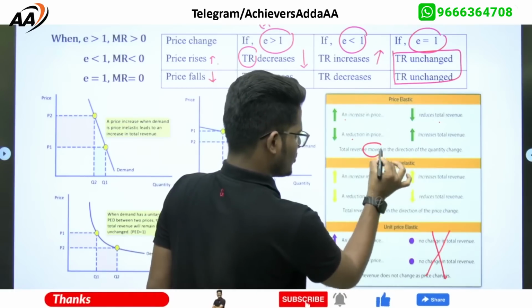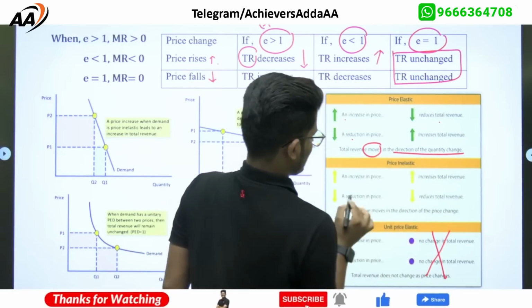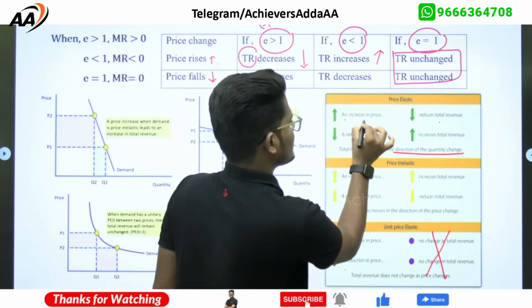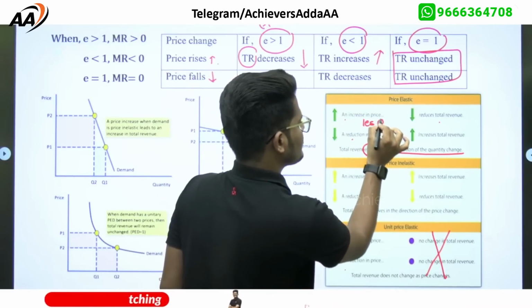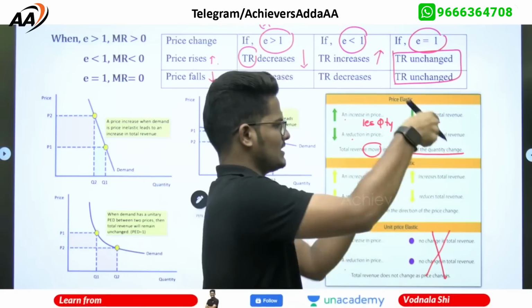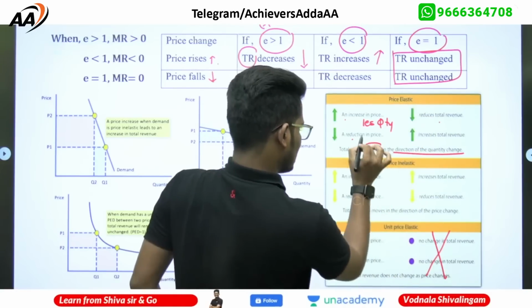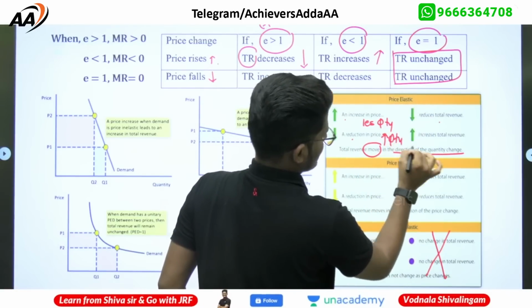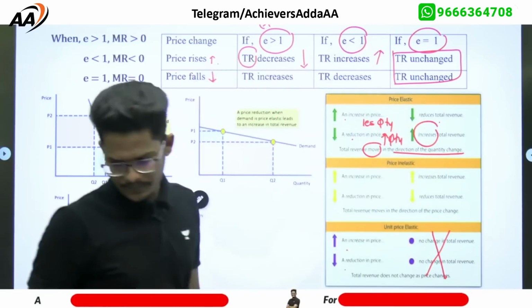Here total revenue moves in the direction of the quantity change. An increase in price leads to less quantity purchased, so revenue falls. A reduction in price leads to an increase in quantity purchased, which will increase the revenue.